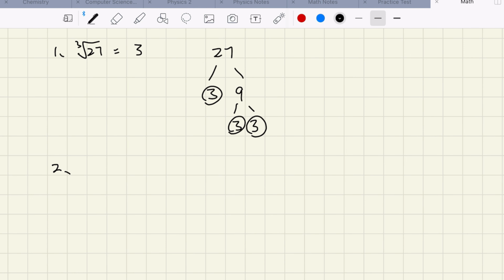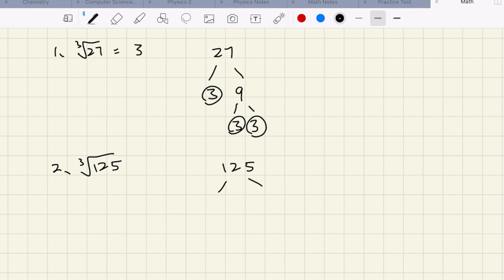Let's do another problem. Let's try this problem with a bigger number. So the cube root of 125. So of 125, you need to find two factors. So let's see.